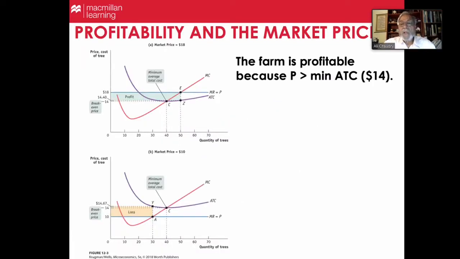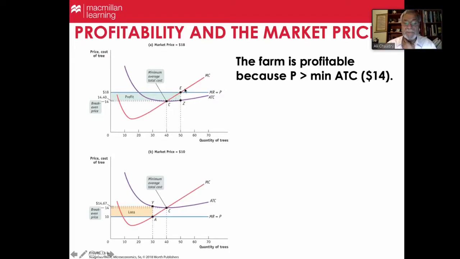Okay. So now let's understand the profitability. The market price is fixed at $18, right? So we see in this picture, the same blue line at $18. This is our average total cost curve, right? And we saw in the previous example that the average total cost is equal to the marginal cost at the price of $14.